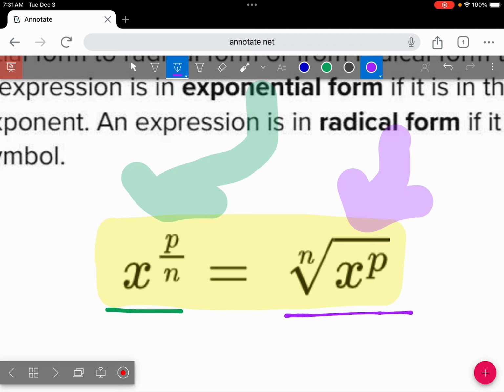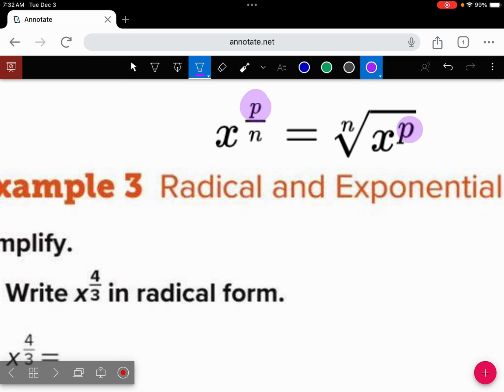All right. So I've still got that form up on the top, but here's our first couple. We're just going to start by switching them back and forth. I've got x to the power of 4/3, and we want to write this as a radical. So we have our power that goes on top and our index that goes in the radical.